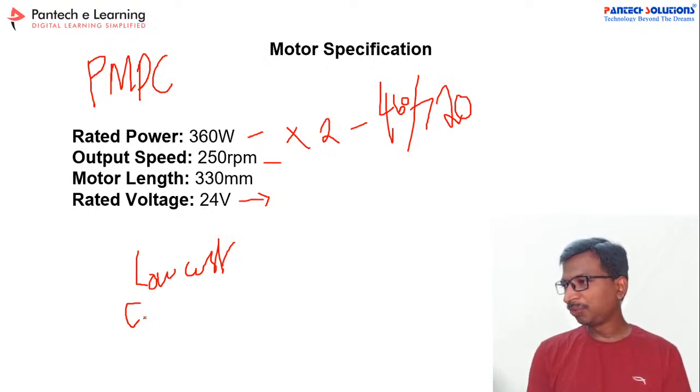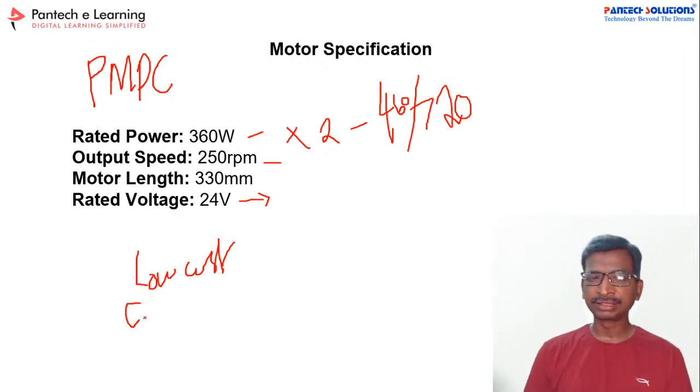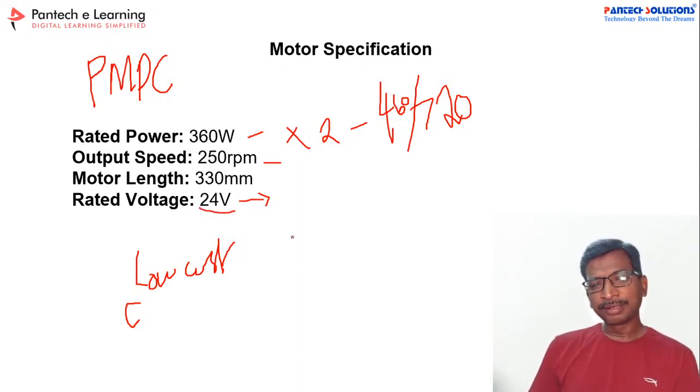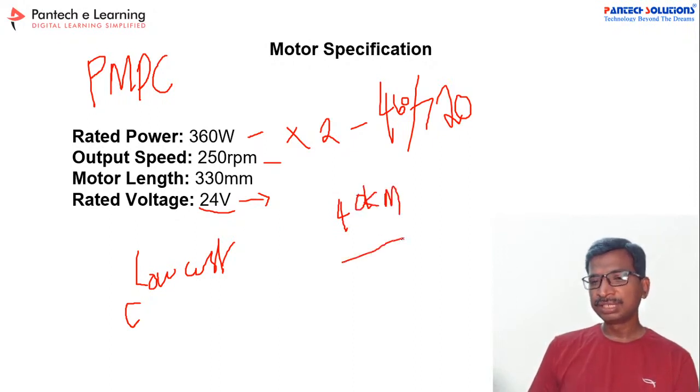Yes, Mr. Praveen. Based on the range and cost, you can choose the battery size. The terminal voltage is 24 volts. Let us assume my vehicle should run about 40 kilometers, which is the distance range.